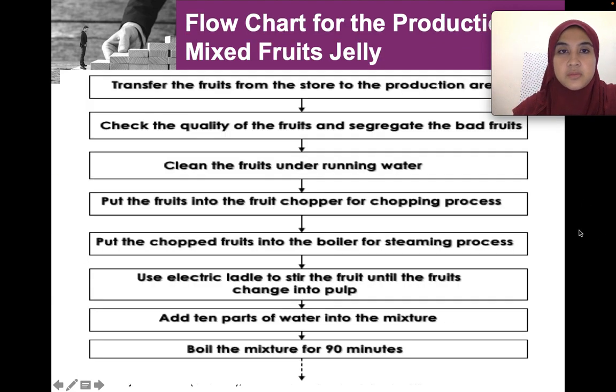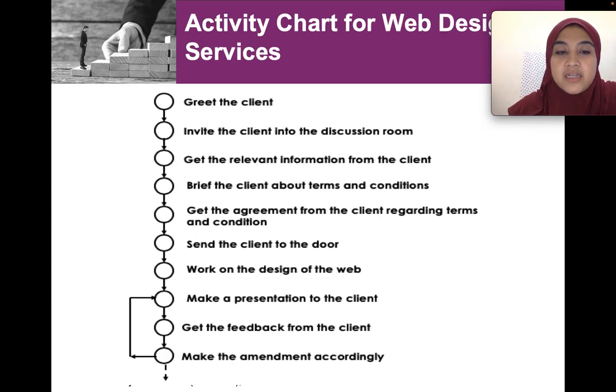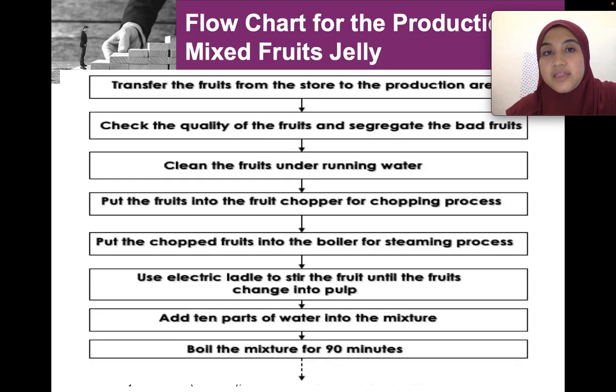Okay, so this is an example of a flow chart, a flow chart for the production of mixed fruit jelly. If you can see here, in the flow chart we don't have symbols, because this is a flow chart. But for the activity chart, you must use the symbols. So there are differences between the flow chart and the activity chart.